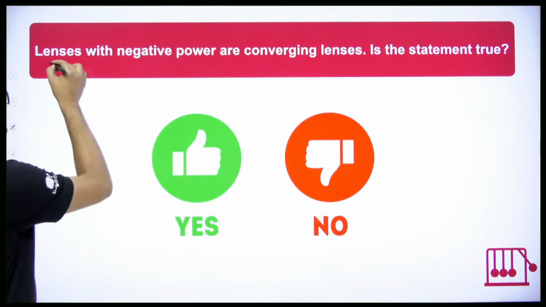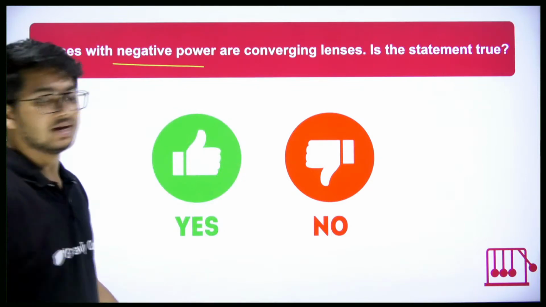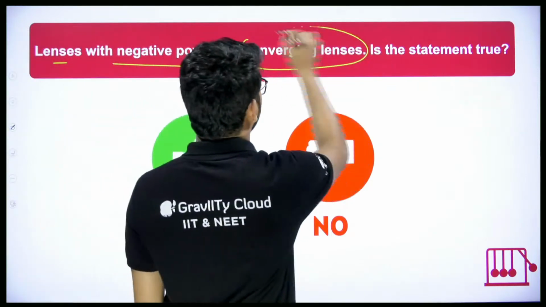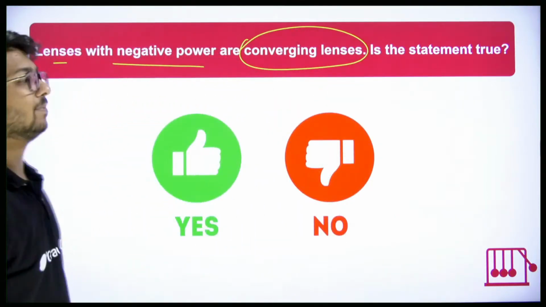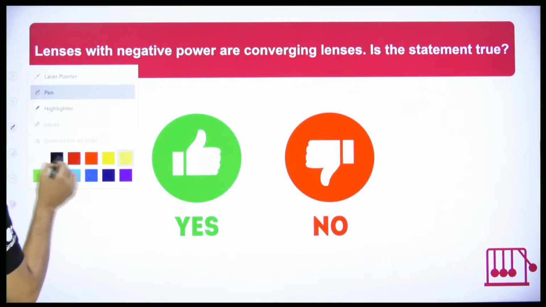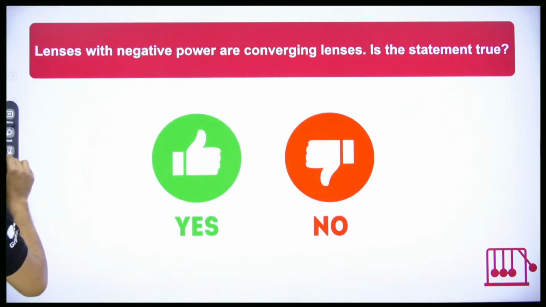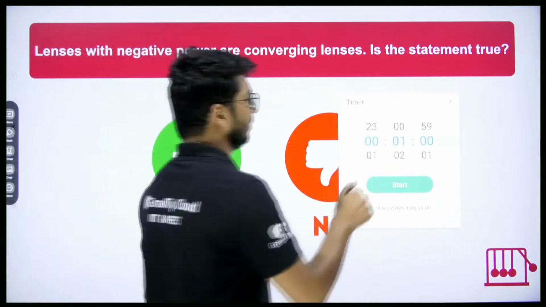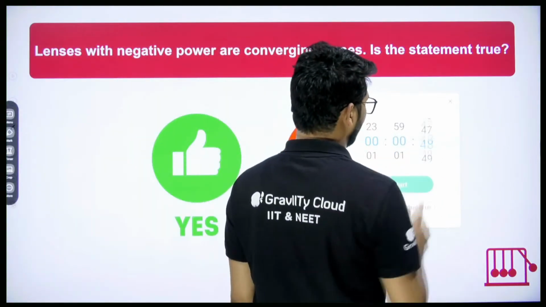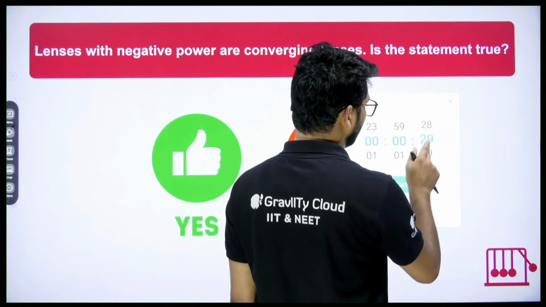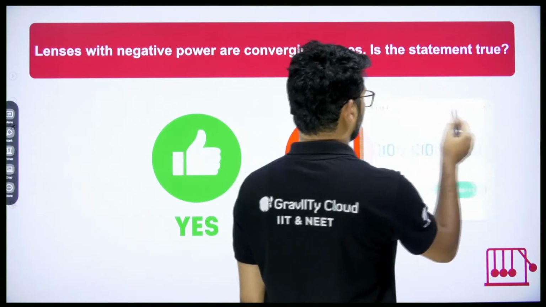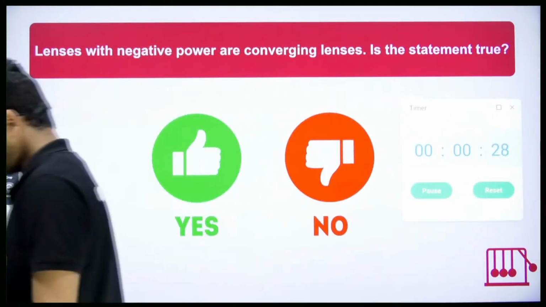So now an interesting question based on that negative power. The question is, lenses with negative power are converging lenses. Is the statement true? Yes or no? I'll give you 30 seconds. Compare it with the focal length, and then you will get the answer. Please solve it.